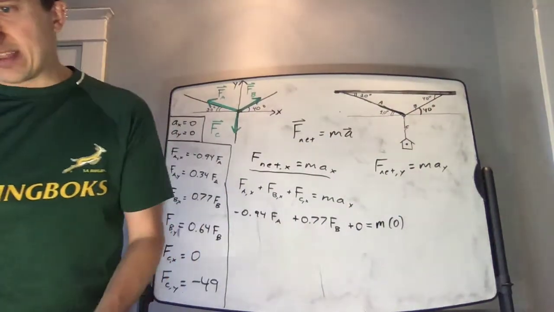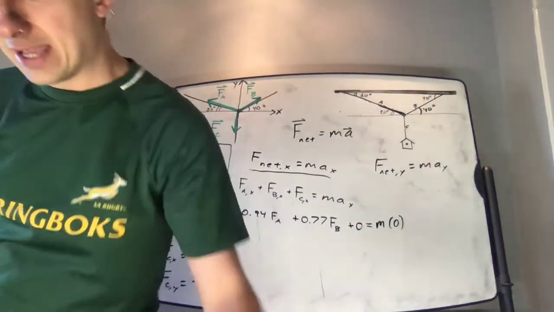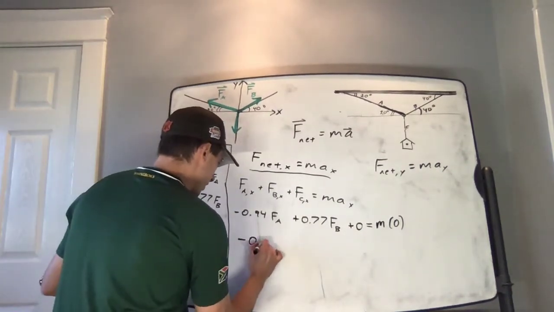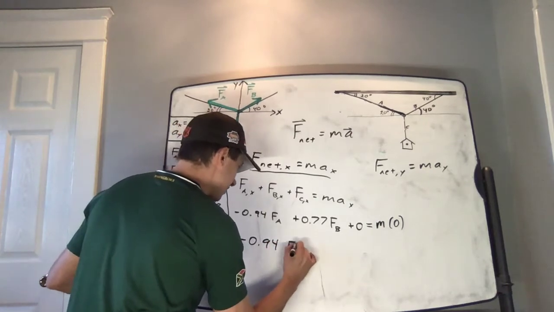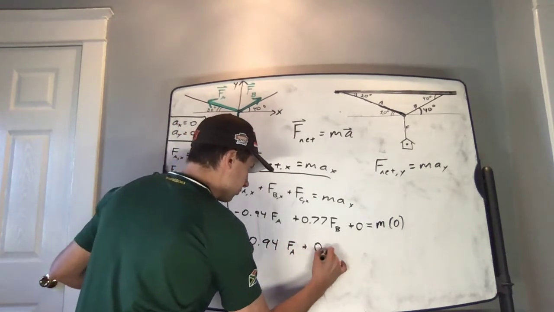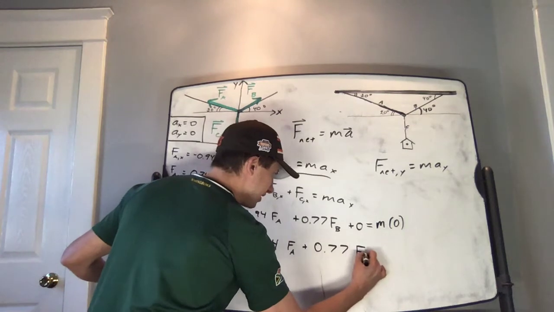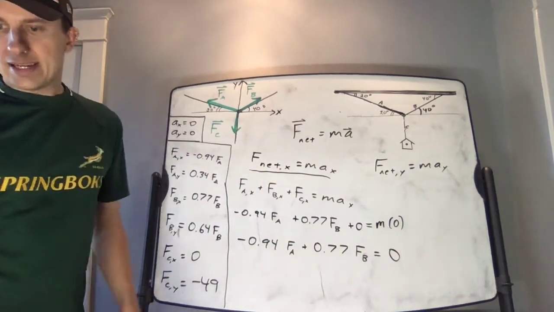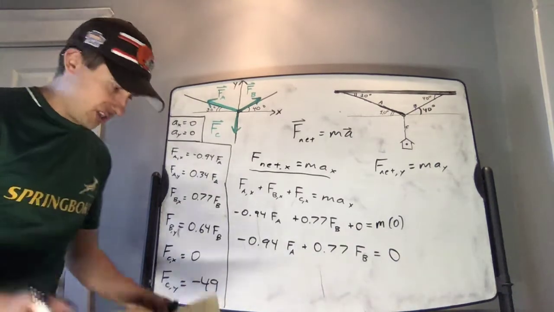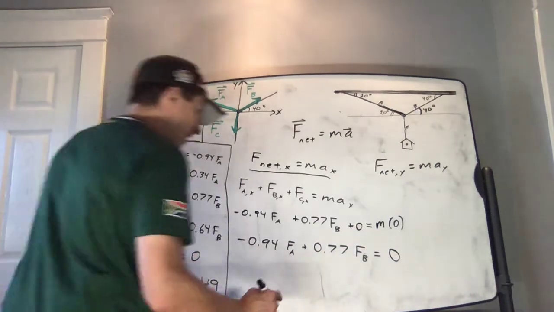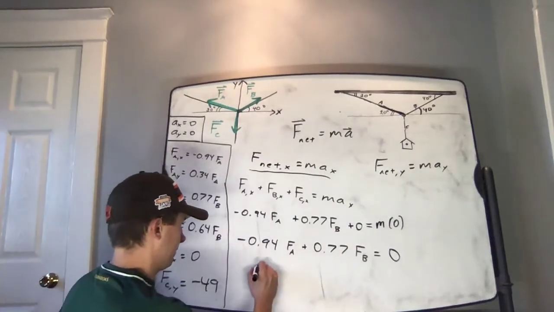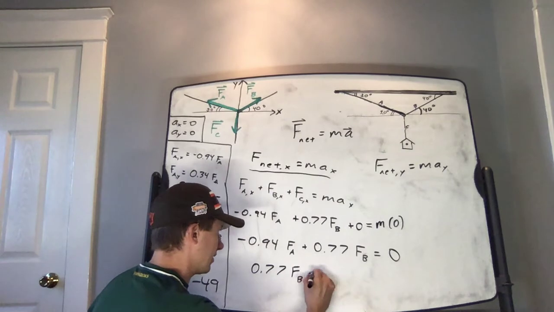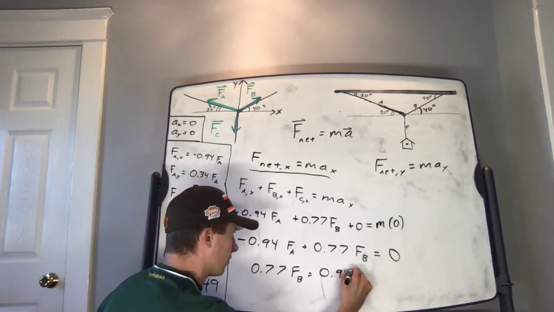When I simplify this problem, I get negative 0.94 FA plus 0.77 FB equals 0. And I am going to rearrange this equation to say 0.77 FB is equal to 0.94 FA.